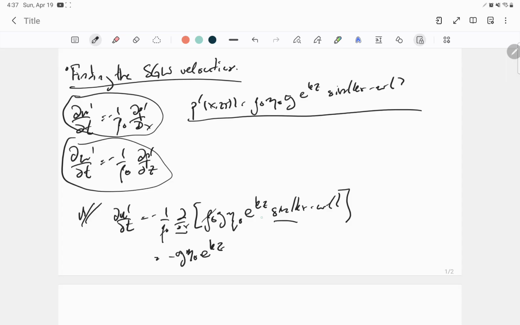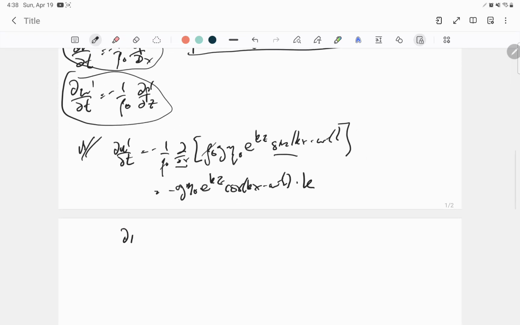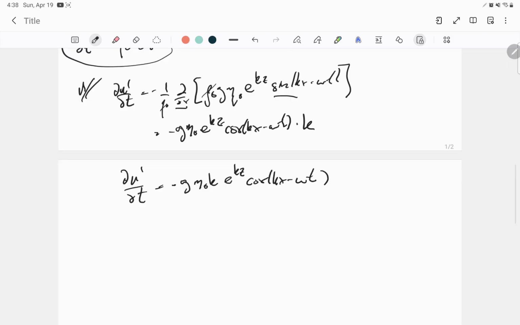Then the derivative hits the sine, so we get cosine of kx minus omega t multiplied by k. So we have partial u prime partial t equals minus g eta naught k e to the kz cosine kx minus omega t. And now we can integrate.